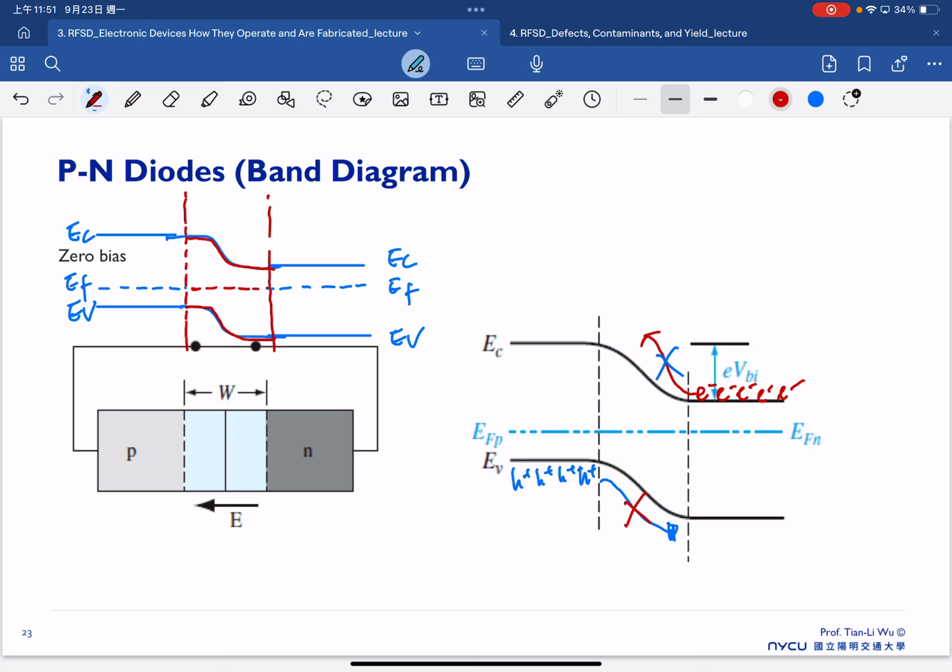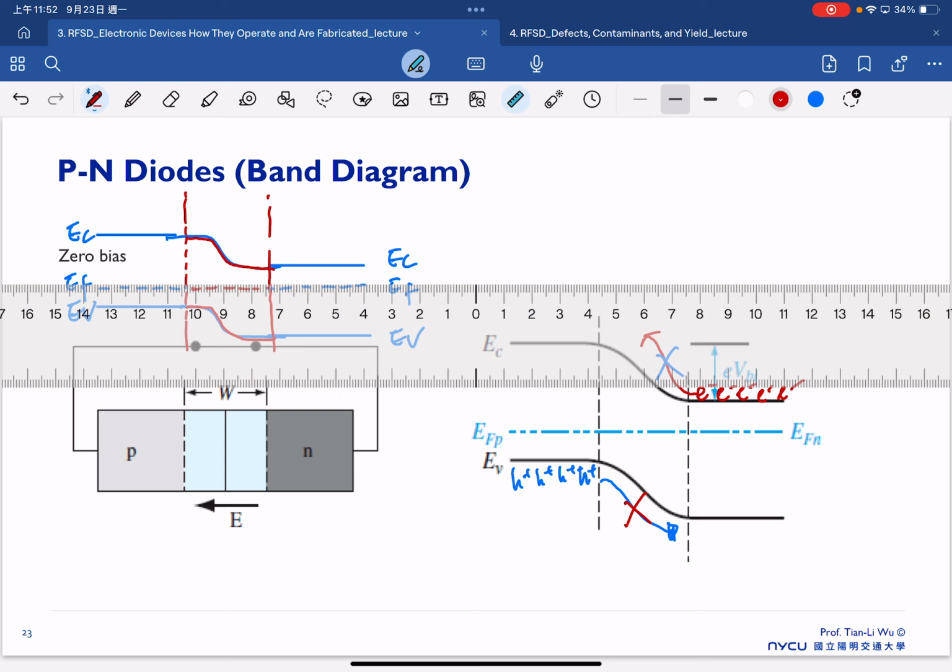By using the band diagram, we can already visualize so much physics, so much electron and hole transport. The band diagram can already help us understand the device physics here.